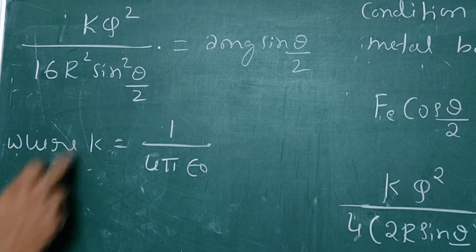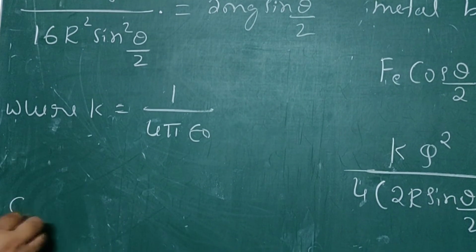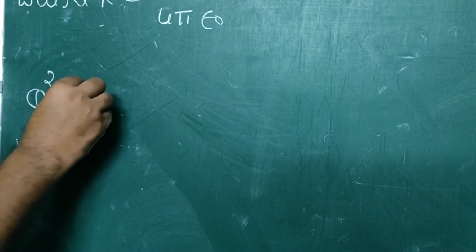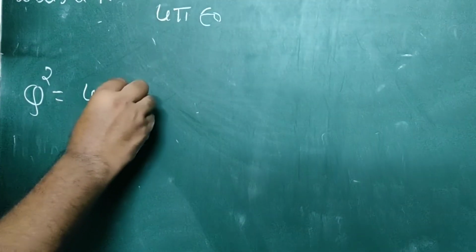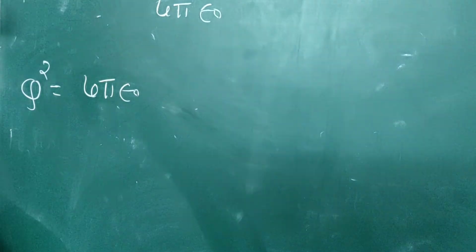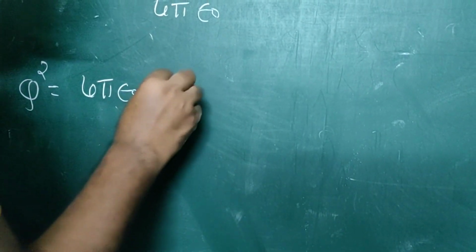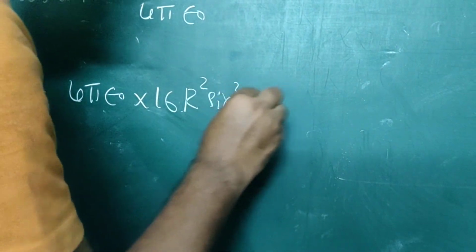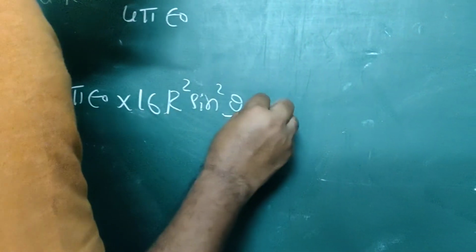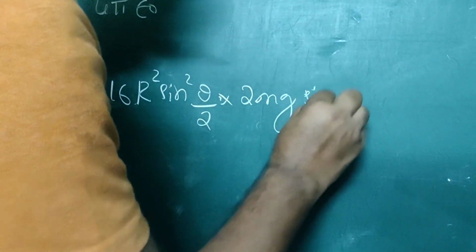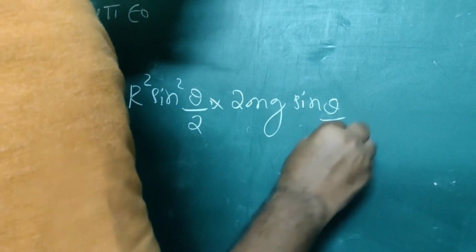Now, let us solve for Q here. Therefore, Q square, what am I going to get? Q square equals 4 pi epsilon naught into 16r square sin square theta by 2 into 2 mg sin theta by 2.